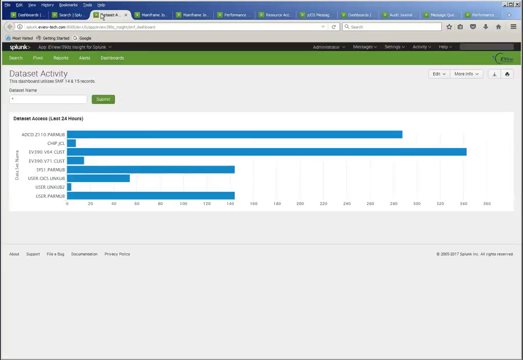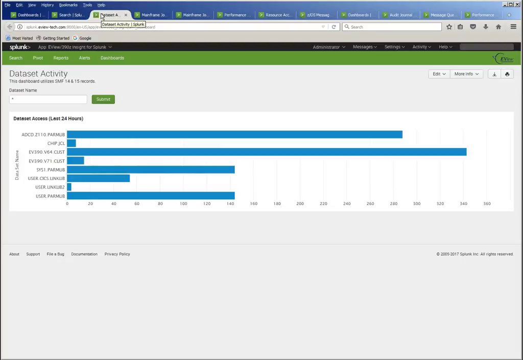Another area of SMF that the agent collects data from is data set activity. So if you need data on mainframe data sets, how often they were accessed, when they were accessed, any of that type of data, then you can configure the agent to collect what are called the data set records, SMF 14 and 15.